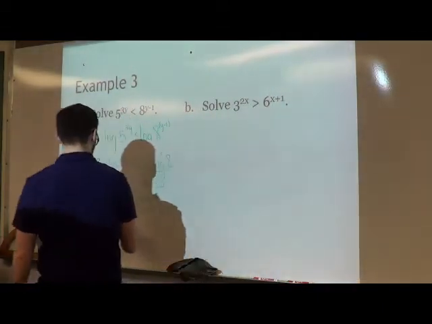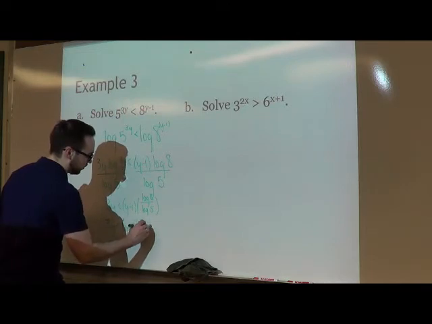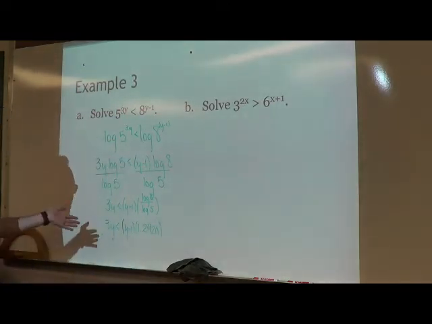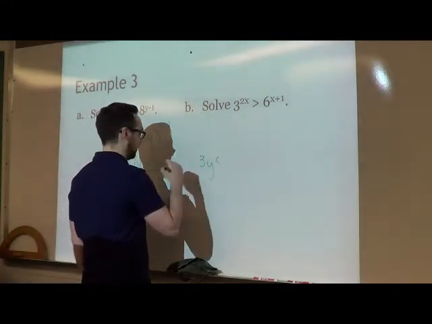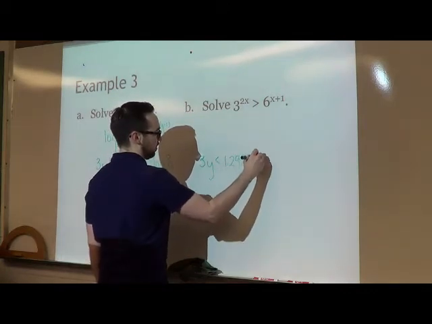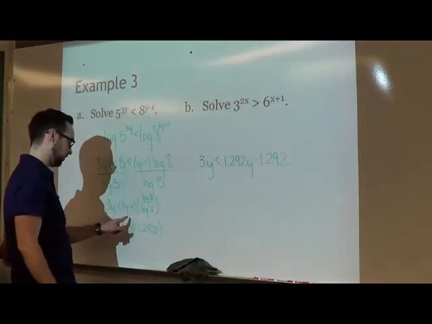So we have y minus 1 times 1.2920. And if I distribute that, I'll be able to solve for y. So we'll have 3y is less than 1.292y minus 1.292. Okay, I just distributed that to both things there.